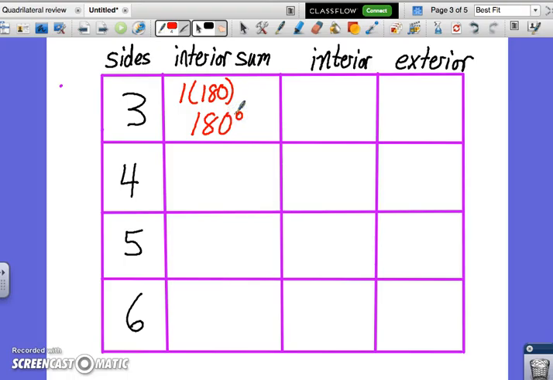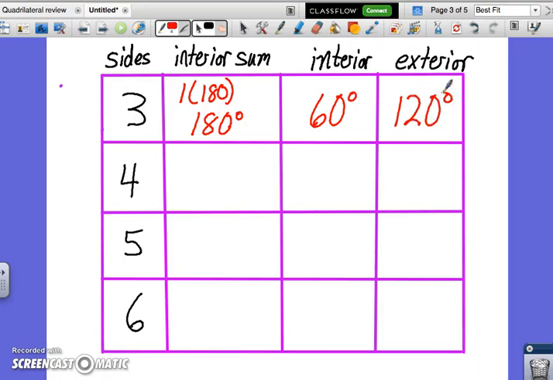Now, the measure of one interior angle, which is what this next column is, is what happens when you take the sum of the interior and divide by the number of sides. So in this case, it would be 60 degrees. Now the exterior is what we find when we take 360 and divide by the number of sides. So if we have 360 and we divide by 3, we get 120 degrees.